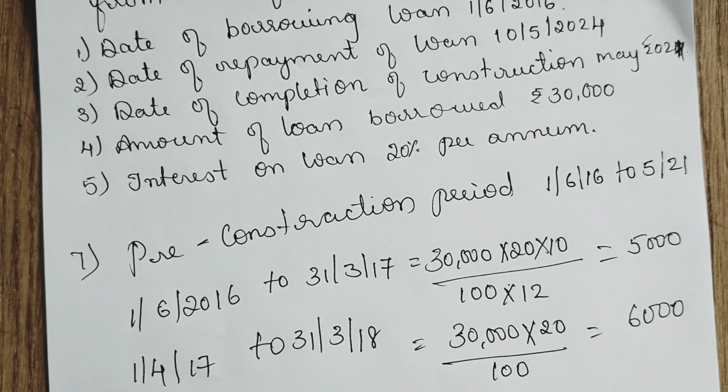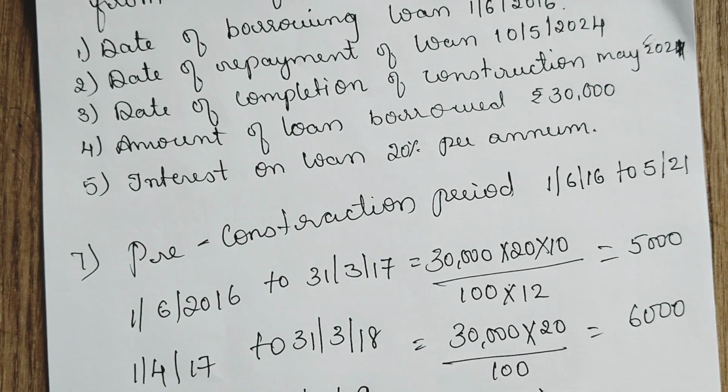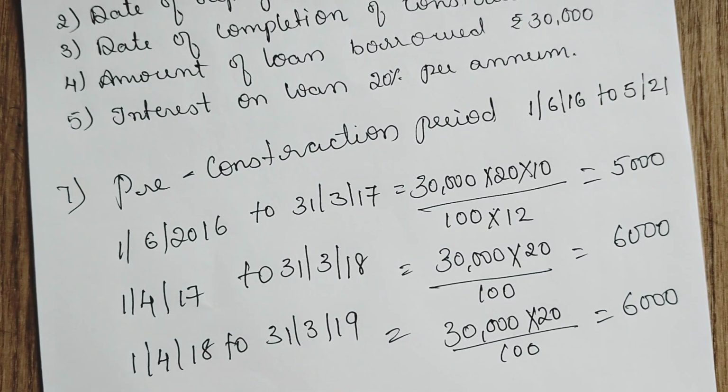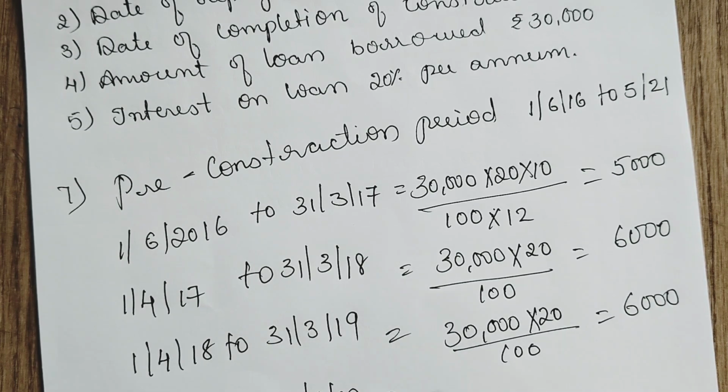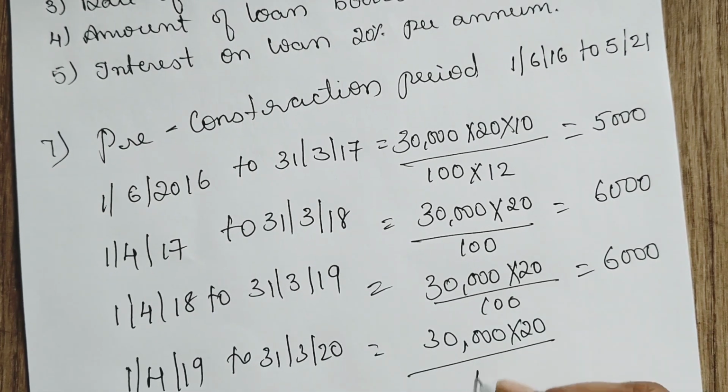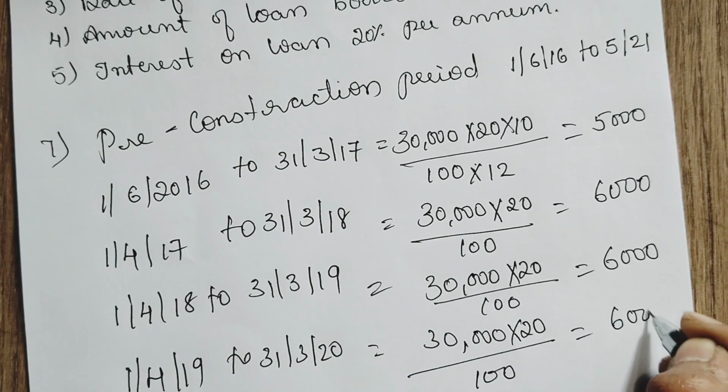Then next, from 1st April 2018 to 31st March 2019, till the completion of the construction, you have to calculate 30,000 into 20% is 6,000, right? Then next, from 1st April 2019 to 31st March 2020, 30,000 into 20 by 100 is 6,000.